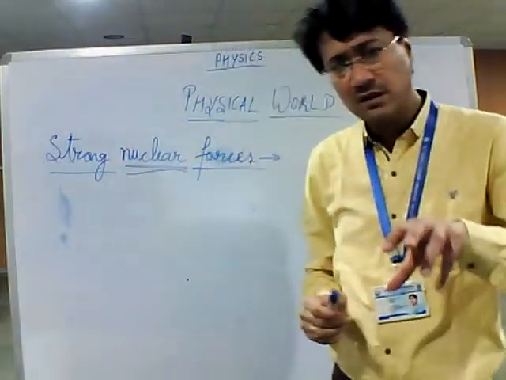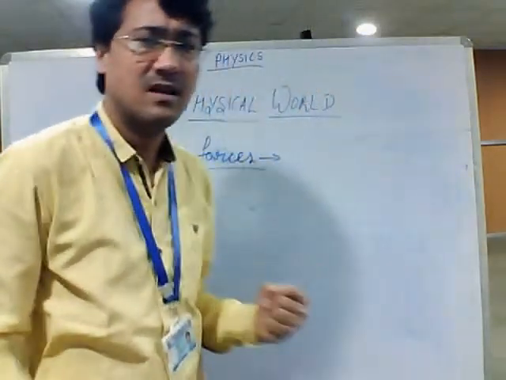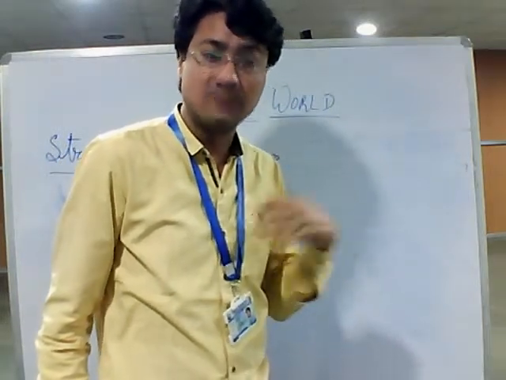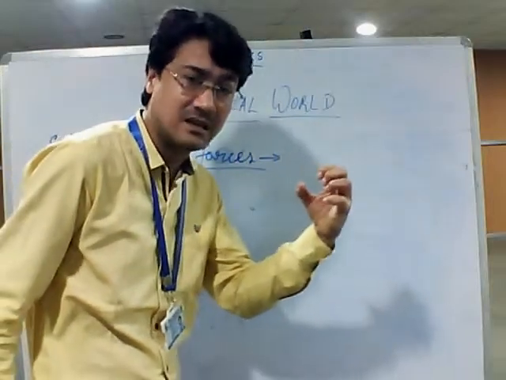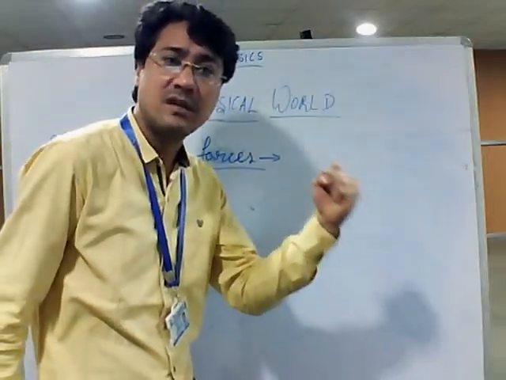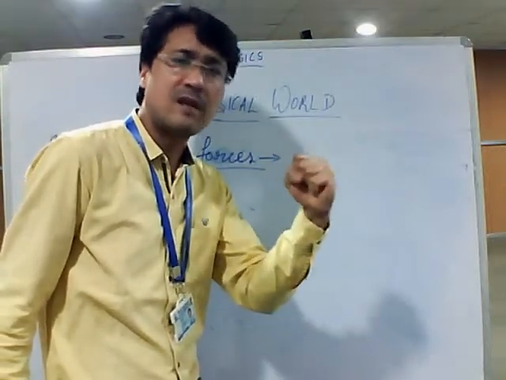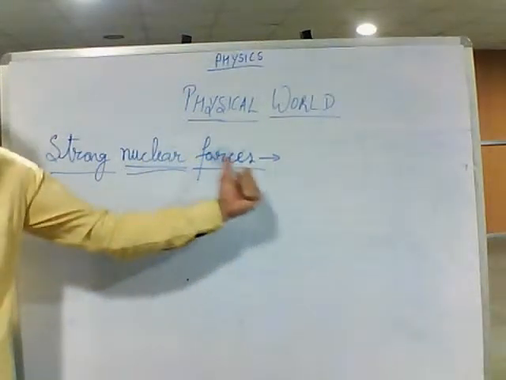That means the nucleus holds the protons and neutrons with a high force, which we can term as binding force. It has bound the neutrons as well as the protons. These forces are very, very strong, and we term them strong nuclear force.